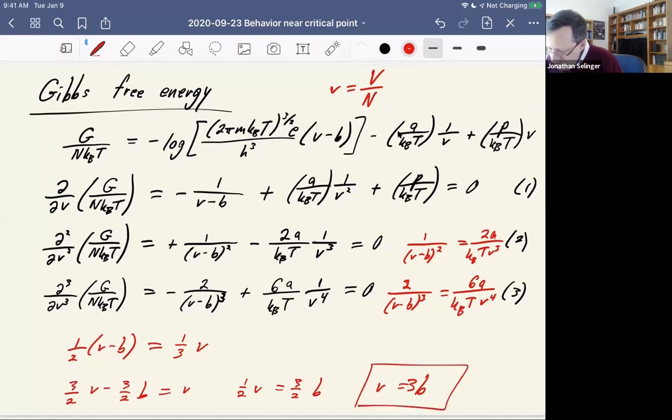Okay, so this is the critical volume. So you remember the meaning of the parameter b is the absolute minimum volume per molecule, right? B is the volume excluded by one molecule to the other molecules.